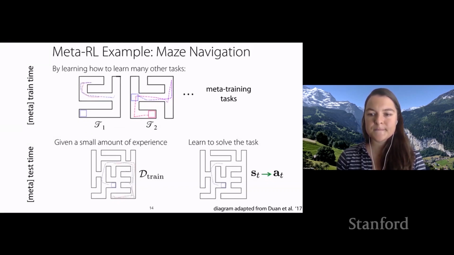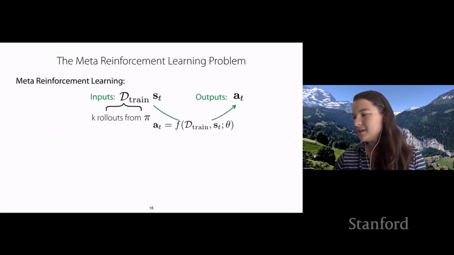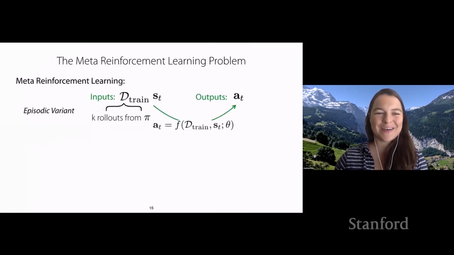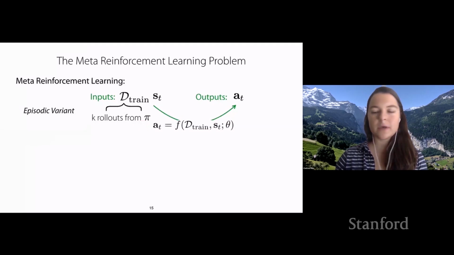So the data for each task, would there be multiple trajectories from that task, or one episode, or is it multiple episodes or one episode from each task? Yeah, that's a good question. There's two different variants of the meta-reinforcement learning problem. One I'll refer to as the episodic variant, where you have K trajectories that you're trying to learn from.